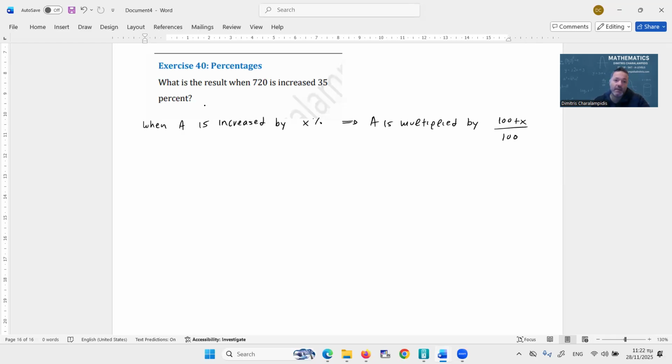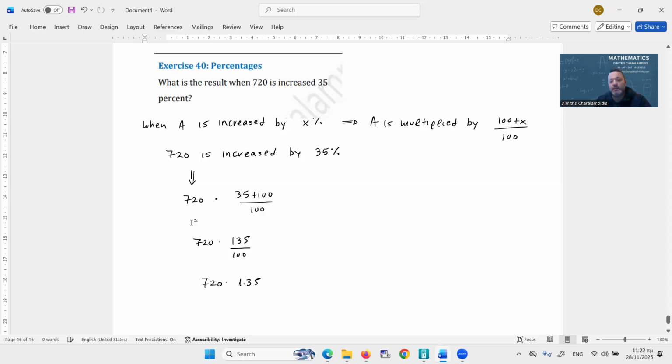So, in my case, 720 is increased by 35%. This means that 720 should be multiplied by 35 plus 100 over 100, which is 135 over 100, which is the same as 1.35.